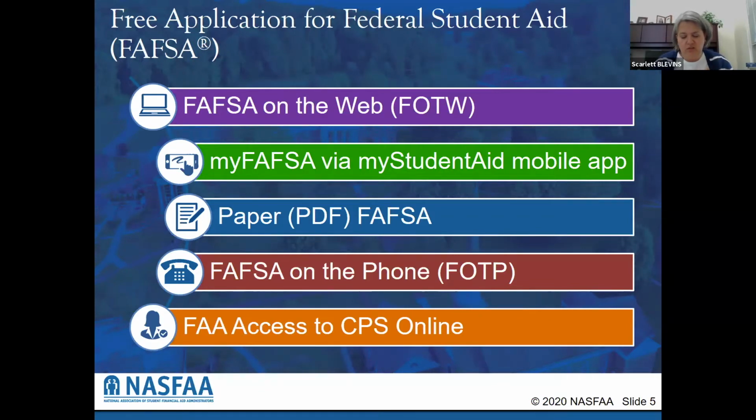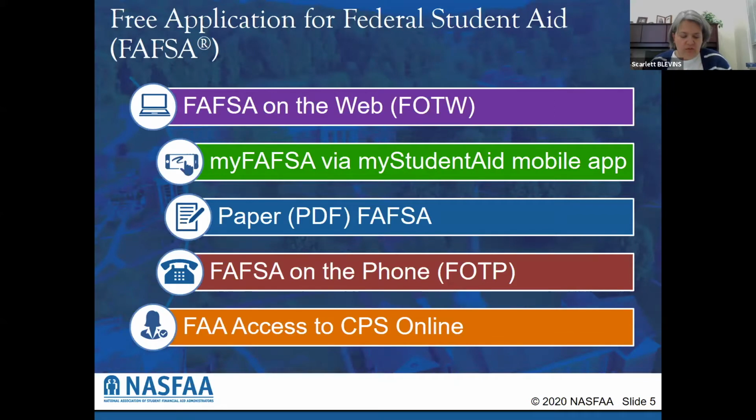You can still complete a paper request form. To request a paper FAFSA, you would call 1-800-4-FED-AID, and we can give you all this information. Like Traci said, it's being recorded, so you don't have to write down these phone numbers. Or you can download it at studentaid.gov for a paper FAFSA.